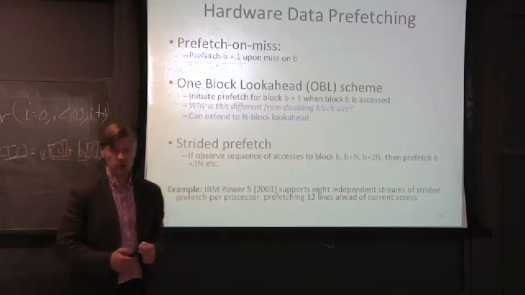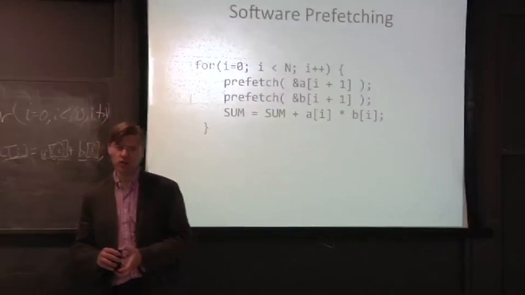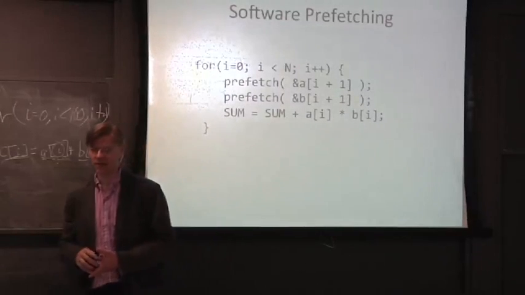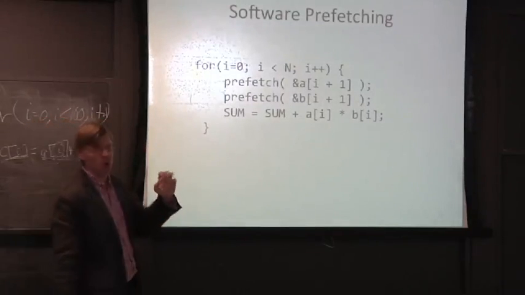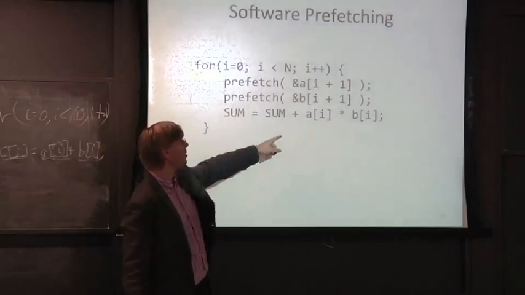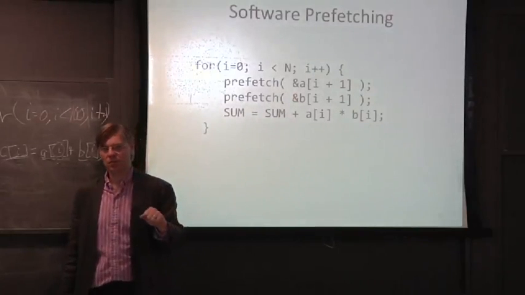OK, so that's hardware prefetching. We can also think about having software-based prefetching. The compiler can figure out, aha, or maybe the programmer who's writing code can say, I know that I'm going to go around this loop many times.